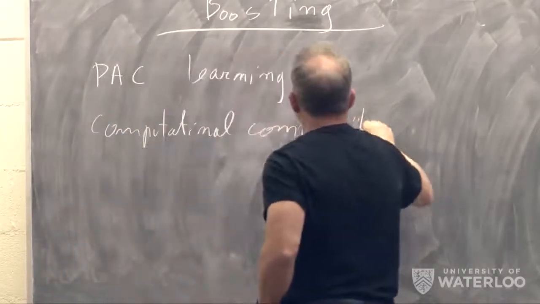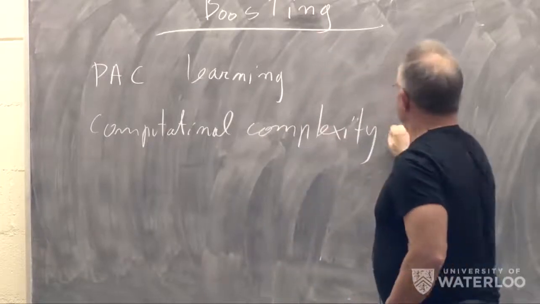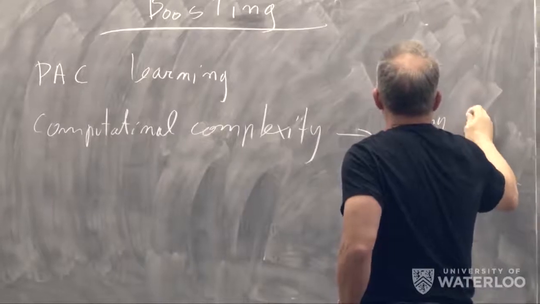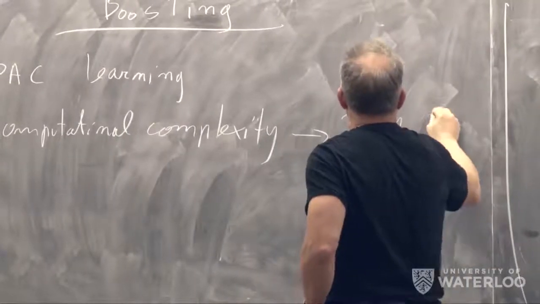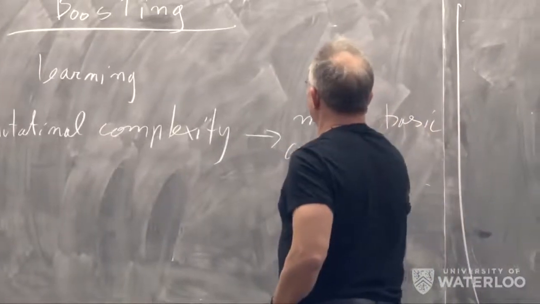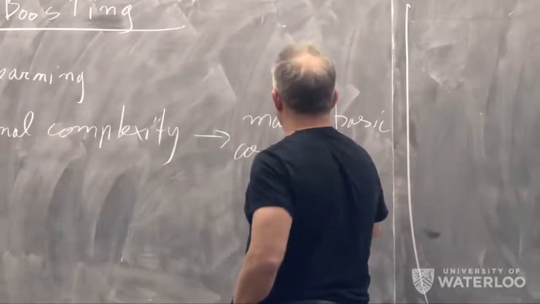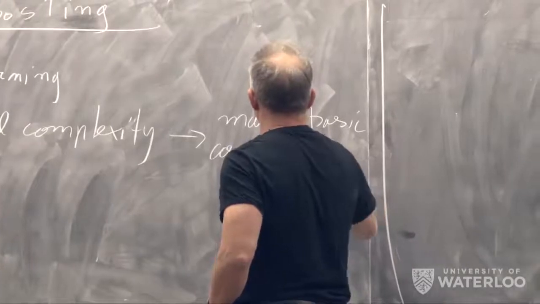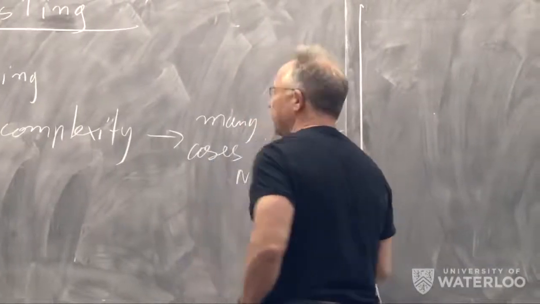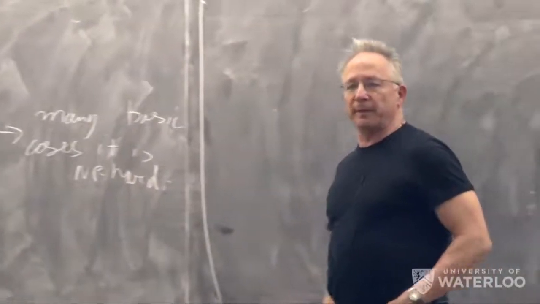Of PAC learning. And they realized that in many cases, even basic cases, like half spaces, like rectangles, it is NP-hard. Right, so what was the problem that it's NP-hard?